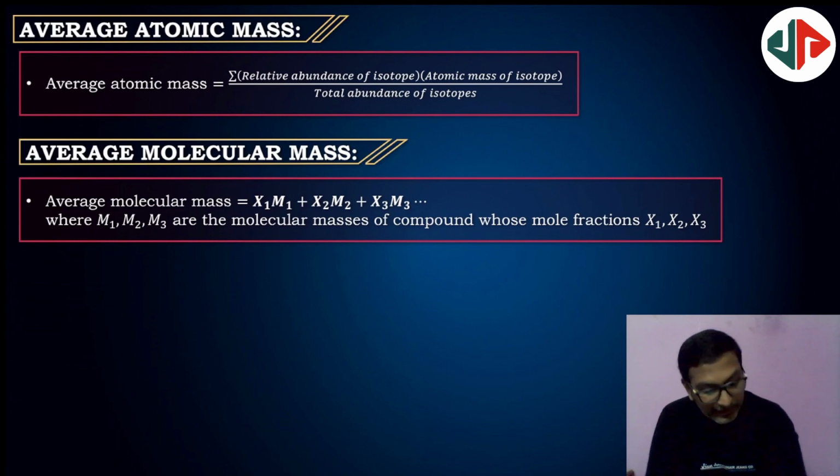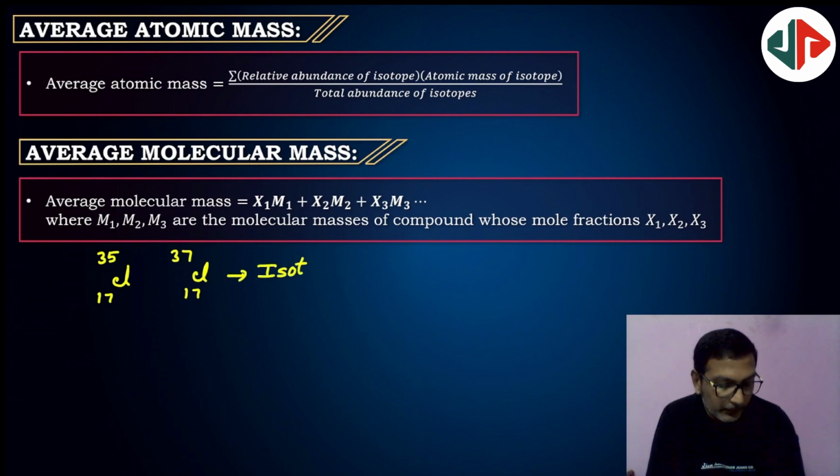Suppose I am taking Cl as an example, Cl-35 and Cl-37. These are isotopes of chlorine. Cl-35 is 75% available and Cl-37 is 25% available.